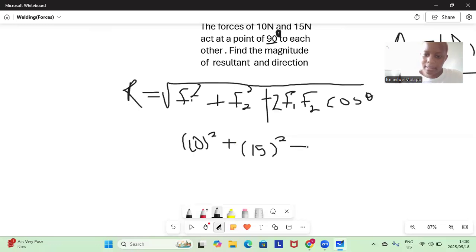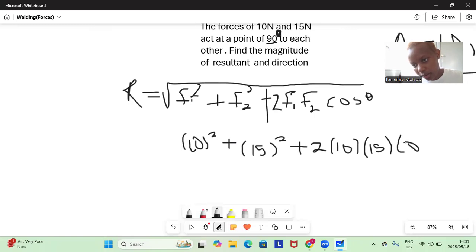Then plus 2 times F1, which is 10, times F2, which is 15. Then the cos of the angle. Like if they give us an angle which is 90 degrees, you have to write it. The cos of 90 degrees.